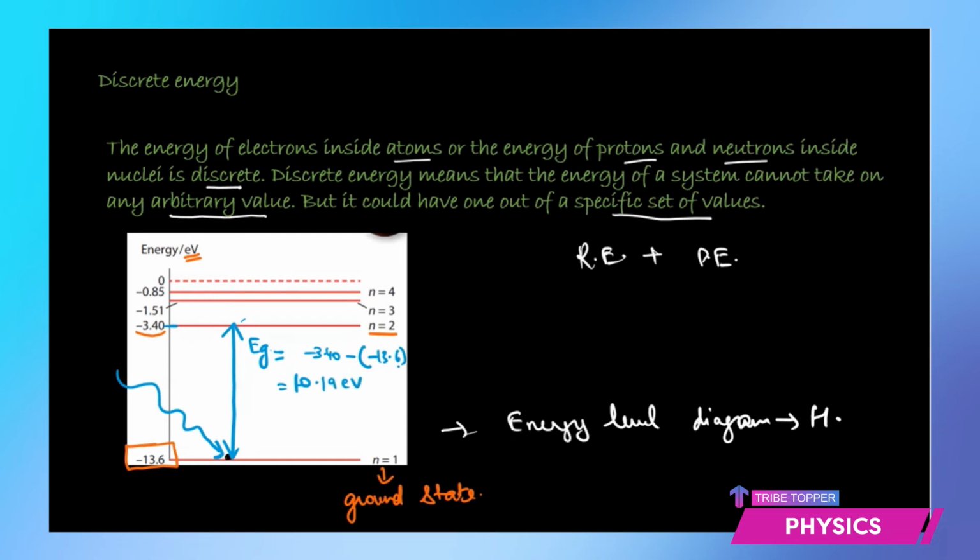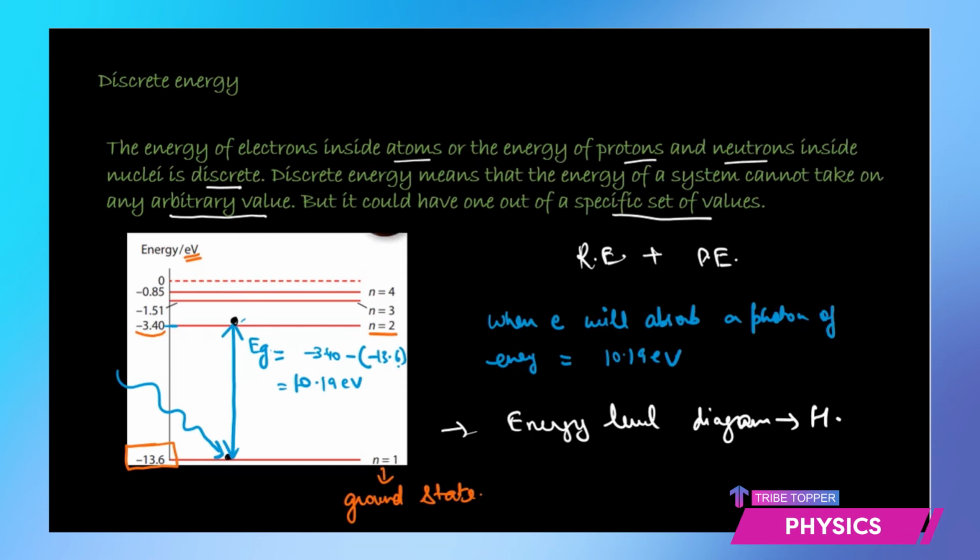So only when the electron absorbs a photon of energy equal to 10.19 eV, can it jump straight from the ground state and exist in the second state, which is of course going to be a very temporary state, and it will again emit that extra energy and jump back.